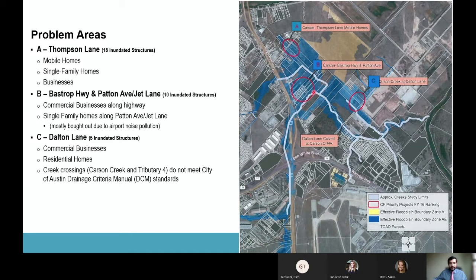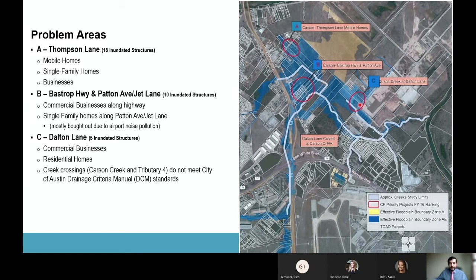In the middle area, which is called Bastrop Highway or Patan and Jet Lane, about 10 structures get flooded. Area C, on the southeast side, is called Dalton Lane.